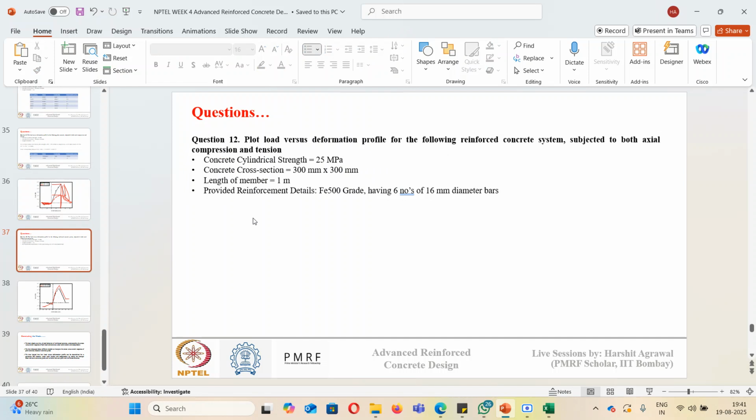What is the stress of steel in the system? And then you need to calculate the total load and the deformation. Deformation is the same, because strain in concrete and strain in steel is the same. The deformation column won't change. It is just the total load carrying capacity that will change.